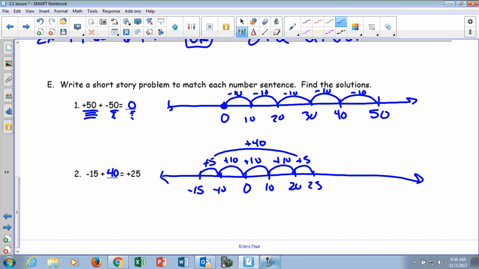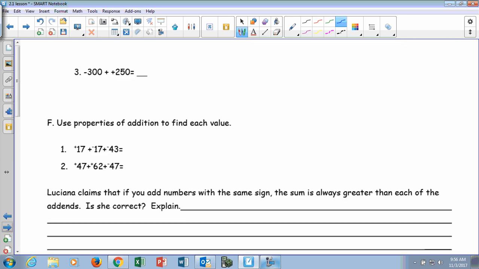All right, what about the one in the back here? Negative 300 plus 250 is what? Not 50. What's the bigger absolute value? Right, negative 50. So again, we start at negative 300. I think I went up by 50s.